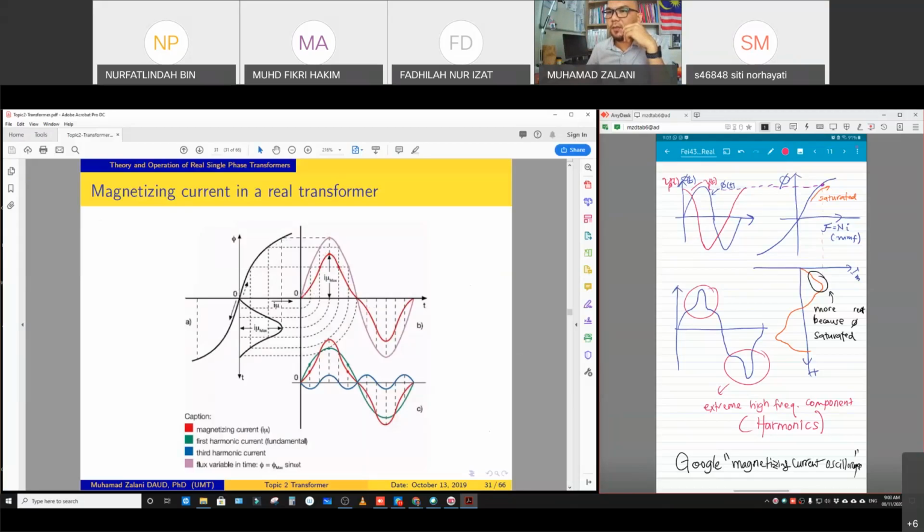As you can see, the flux variable in time is the pink one, but the current supplied to cause the pure sine flux is something that looks like this, the red one. And this pattern of current actually contains harmonics.